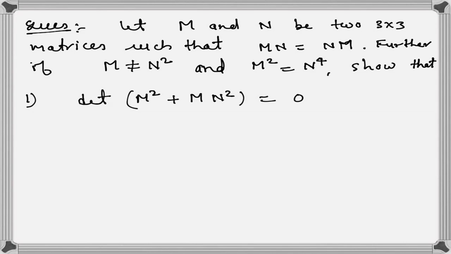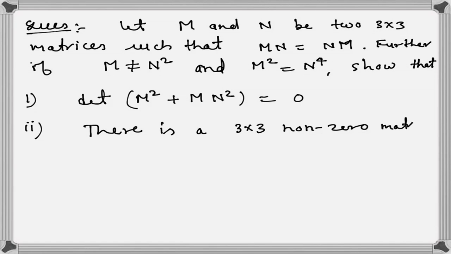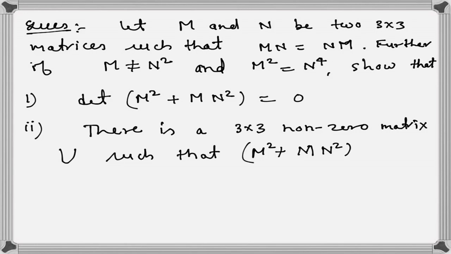The second part is there is a 3x3 non-zero matrix U such that M square plus MN square U is zero matrix.